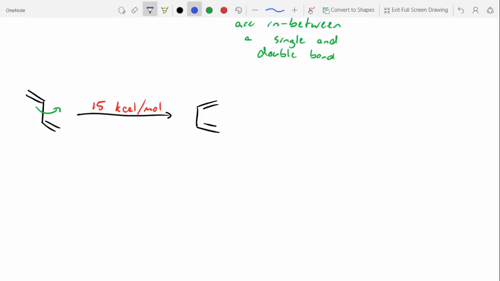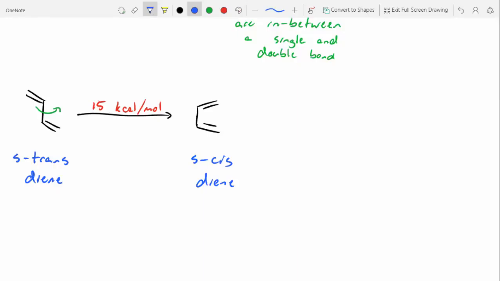This bond on the left is called an s-trans diene, and the one on the right is called an s-cis diene. Normally, we don't refer to single bonds as having cis or trans conformations, but we know that this single bond isn't like a normal single bond, right? It actually has some double bond-like character.